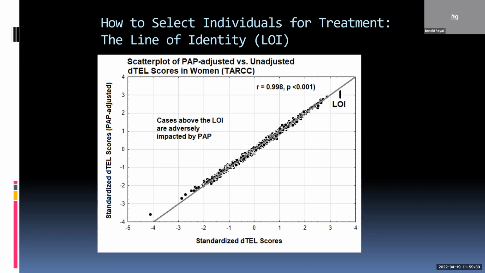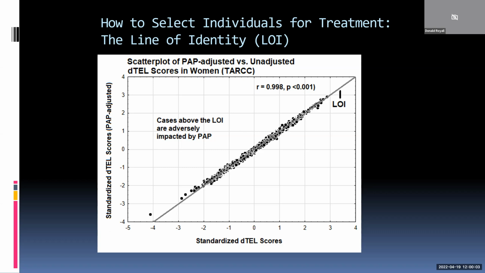The only difference between these two homologs is that one is adjusted for the biomarker of interest and the other one isn't. If the biomarker had no effect on D, then the two adjusted and unadjusted D scores would be identical and every single case would map to the line of identity, which I've drawn for you. Now, these are highly correlated because PAP isn't driving a lot of D's variance, but it is driving some, which you can see because not all the cases are on the line of identity.